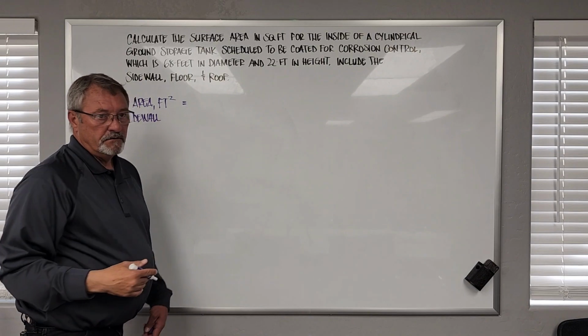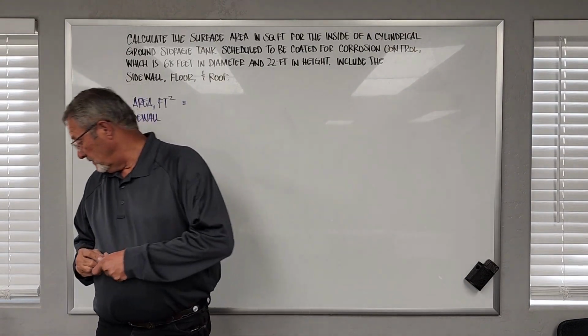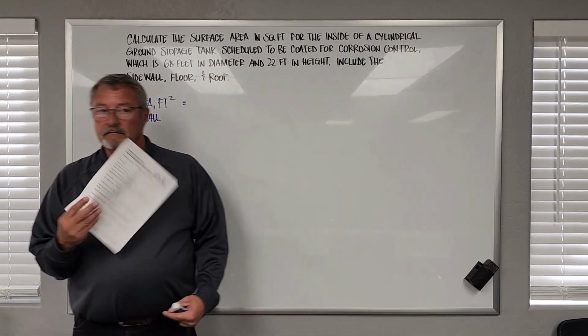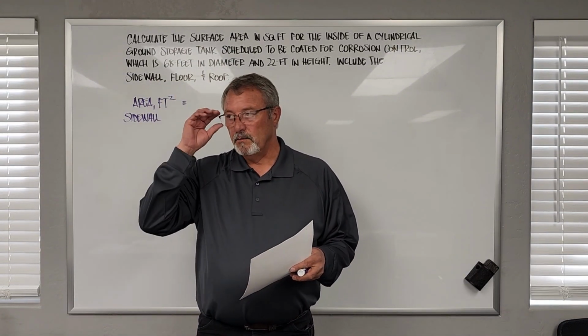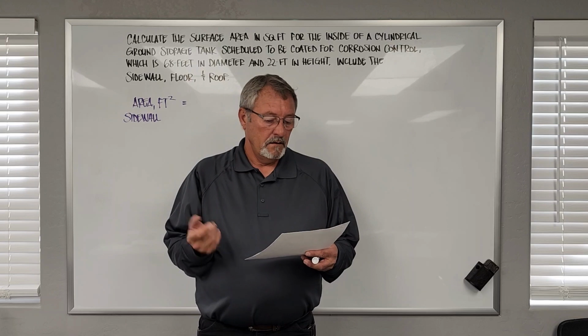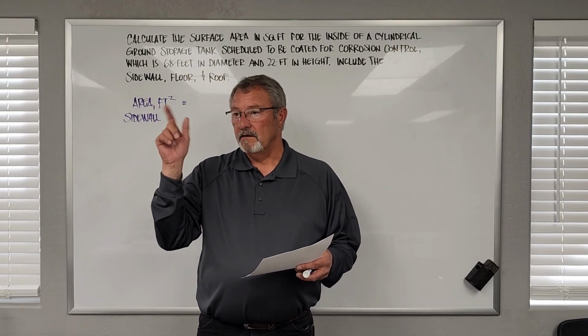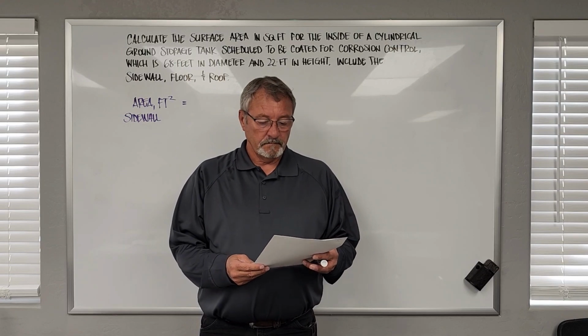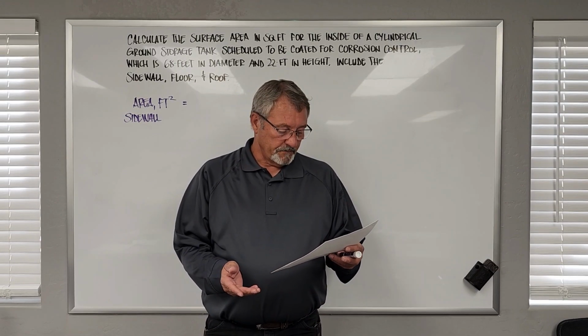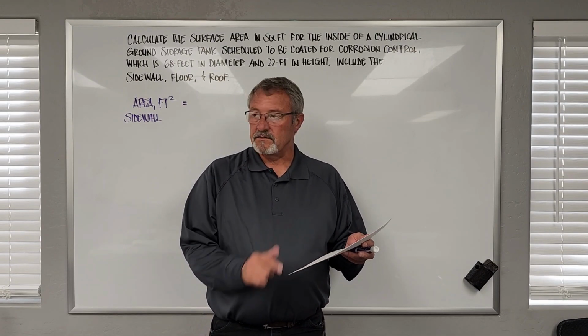Now, when you look at your ABC math formula sheet, and this is what it looks like when you print it out, Formula Conversion Guide, ABC. It's available on the ABC website. It's available on my website when you click on the free download button. What we're going to look for is circumference of a circle.